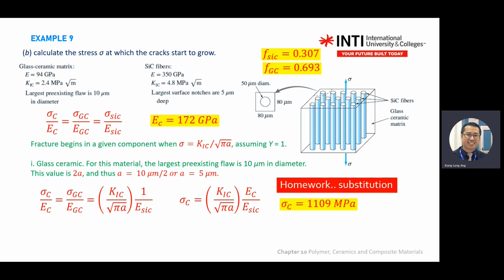See, I missed out something in my calculation.